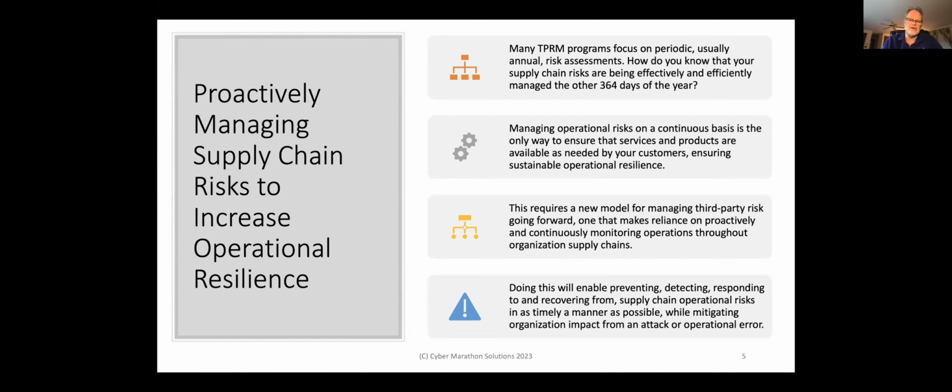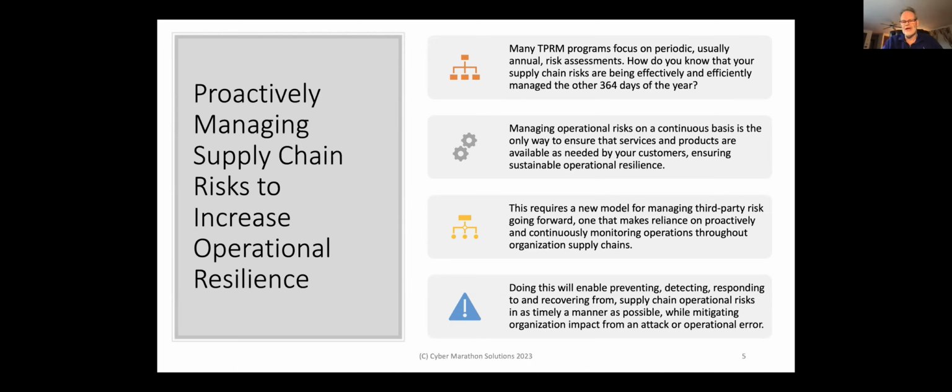I talked a little bit earlier about the Black Swan events. Well, as they become more common and as we have to deal with them, we have to ensure that we have the capabilities, not just within our organization, but with our critical business partners, that they can continue to deliver the services that we expect. So I cannot overstress or overuse the term operational resilience. That is key to being successful in delivering for your customers.